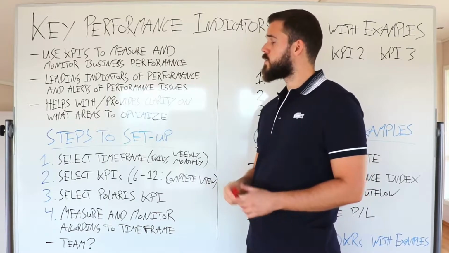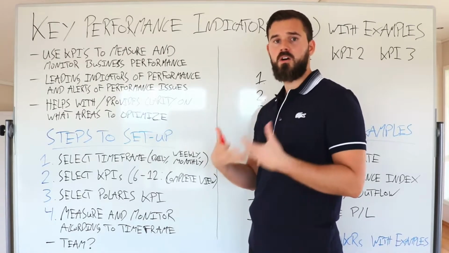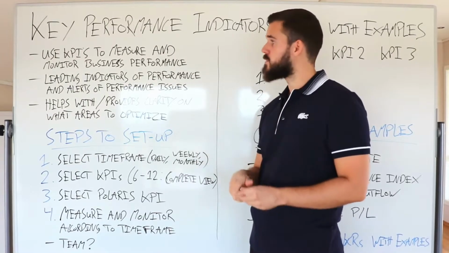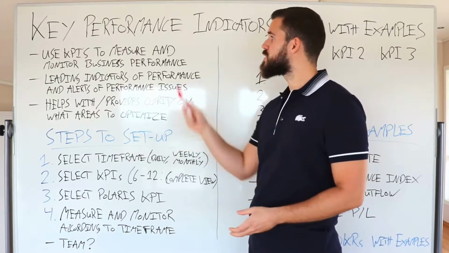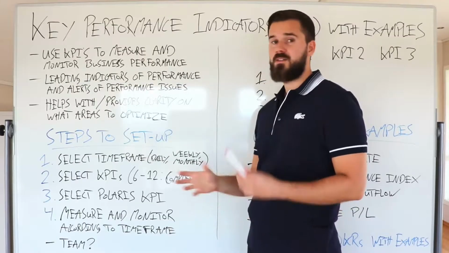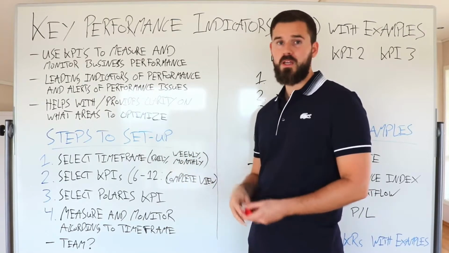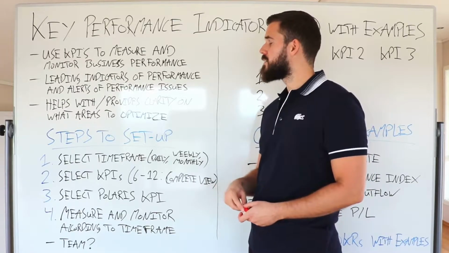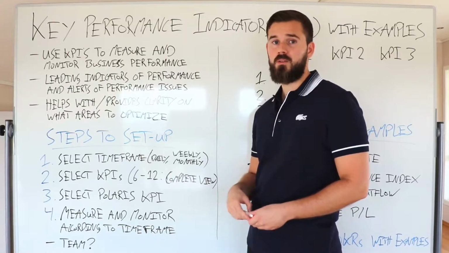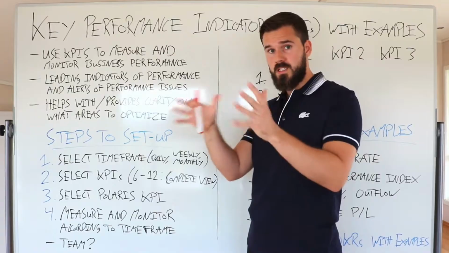What that means is we really use KPIs to measure how the business is performing over time. So like day in and out, week in and out, month in and out, we use it to measure the key things that are happening in the business, and we use it to monitor how the business is performing over time quickly through looking at a set of numbers.